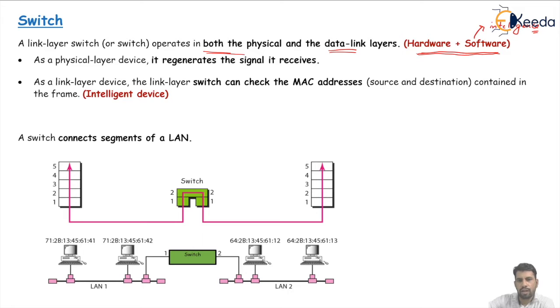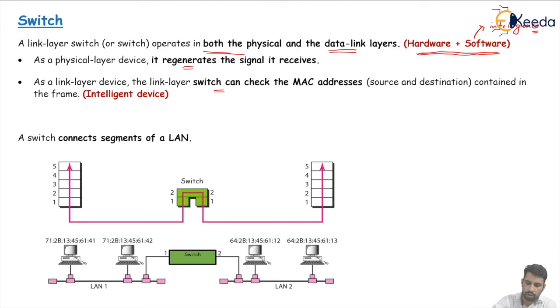As a physical layer, it works as a repeater. Repeater means it regenerates the signal it receives. And due to the data link layer, the switch can check the address and take a decision for the forwarding of the frame.